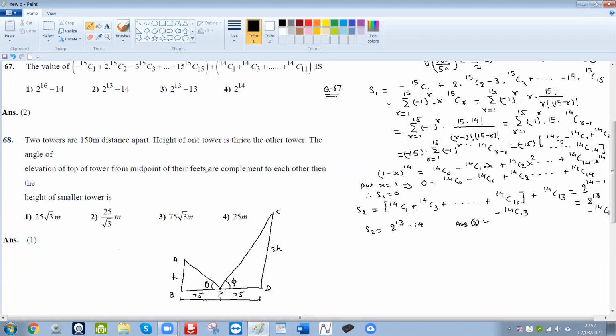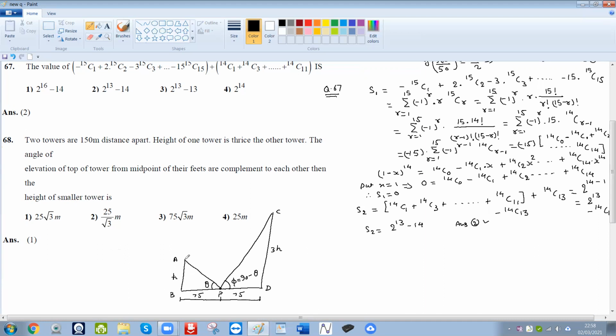These two are complementary, so theta plus phi is 90 degrees. We have to determine the height of the smaller tower.